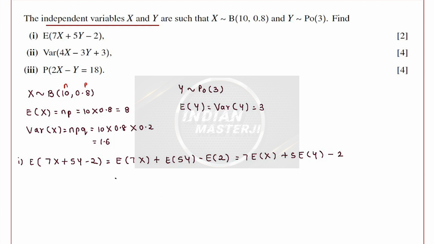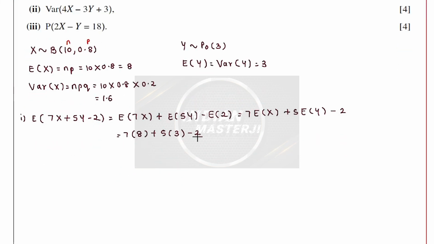So this will be equal to 7 into 8 plus 5 into 3 minus 2. 7 8s are 56, plus 15, minus 2. So we get 13, and 13 plus 56 will be equal to 69. So this answers the first part.